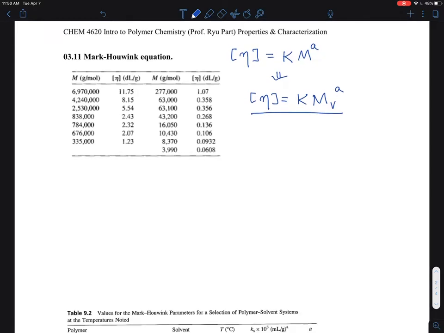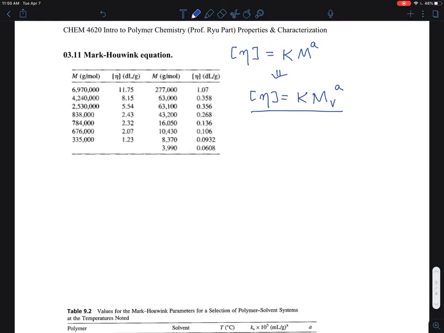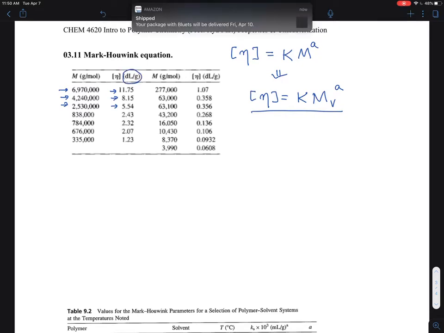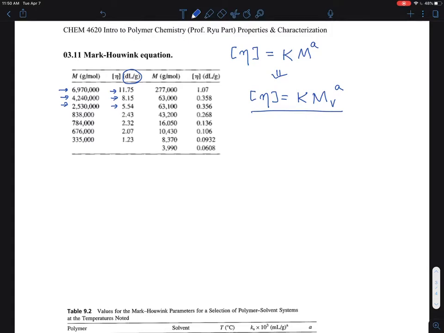So the way it works is, this is an example of polymers with different molecular weights, and they measure the intrinsic viscosity. And once again, intrinsic viscosity has a unit of inverse concentration, that is volume divided by mass.